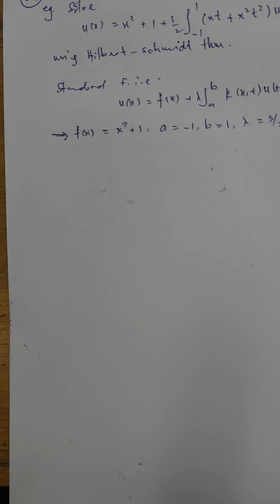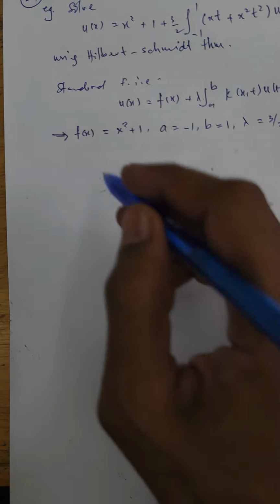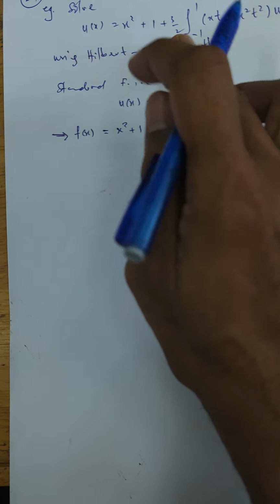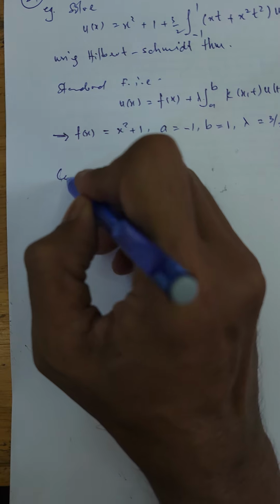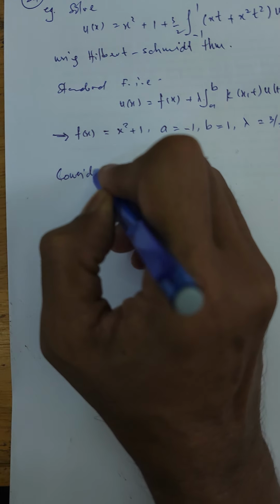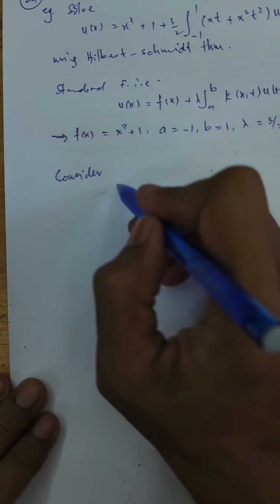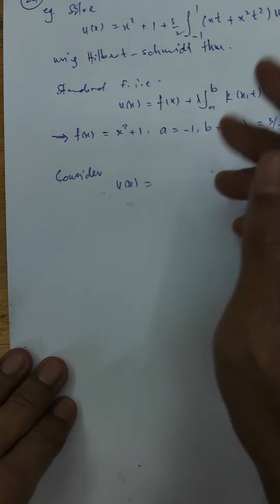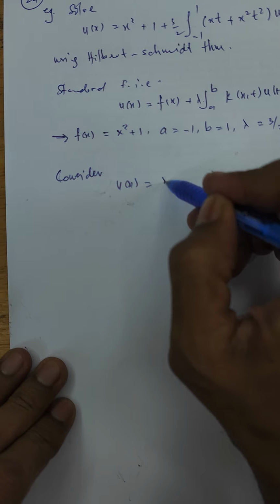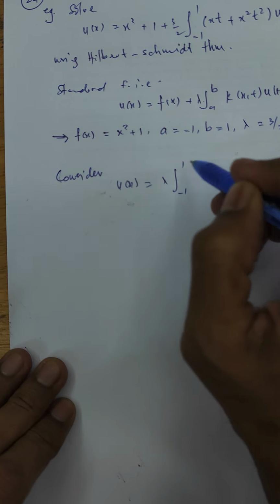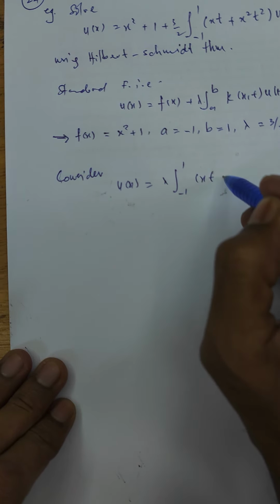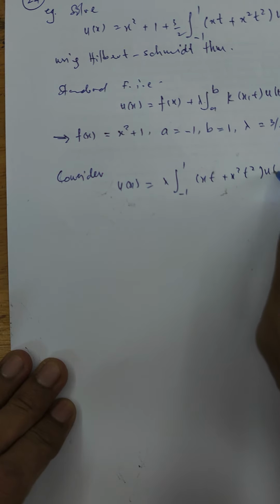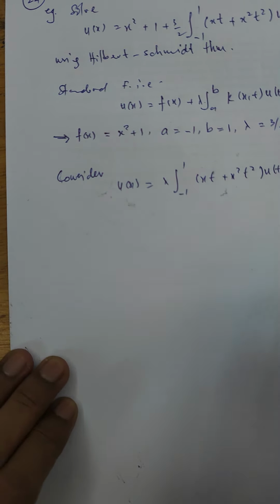Now we consider the homogeneous equation, which is u(x) equals lambda integral from -1 to 1 of (xt + x squared t squared) u(t) dt.